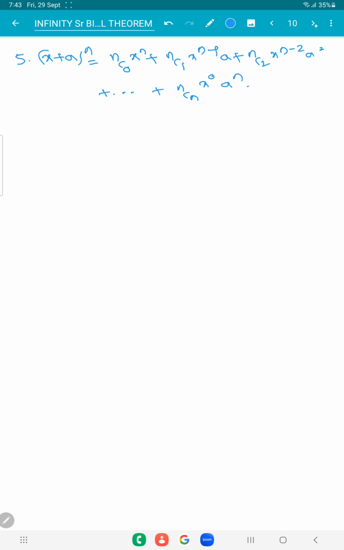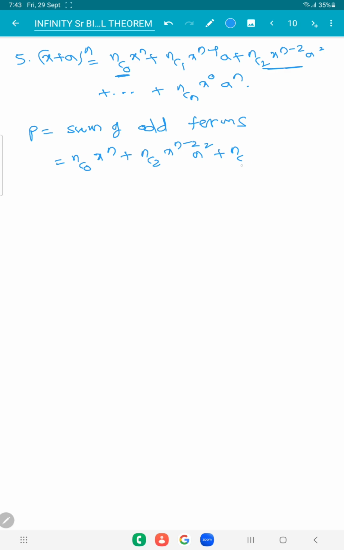P and Q are the sum of odd and the sum of even terms. What is P? P is equal to the sum of odd terms. These are the first term, third term, fifth term, like that. So nC0 x power n. The third term is nC2 x power n minus 2 a square. The fifth term is nC4 x power n minus 4 a power 4, plus and so on.